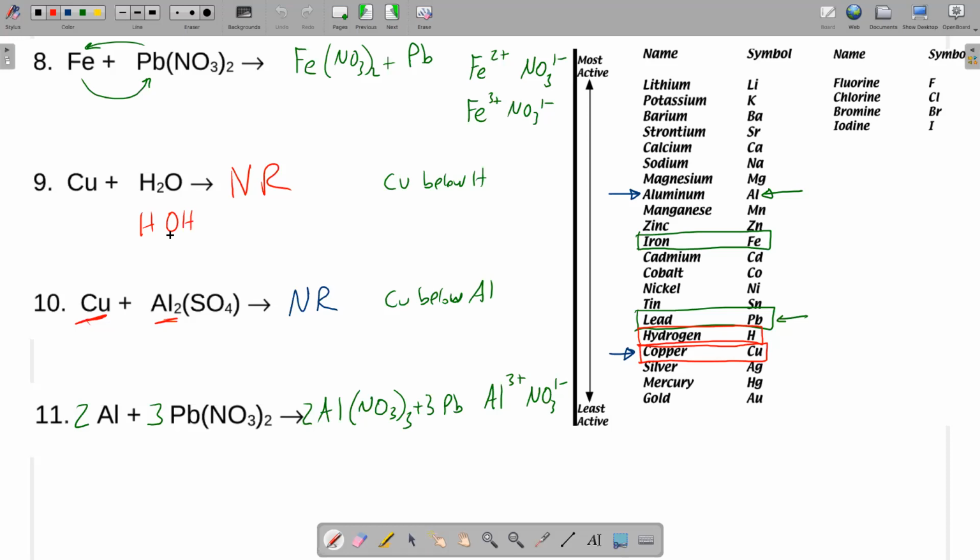So we can name it as an ionic compound or as a covalent compound. As a covalent compound, you can name it dihydrogen monoxide because it's 2 hydrogens and 1 oxygen. But when you think of water as HOH, it's also hydrogen hydroxide.